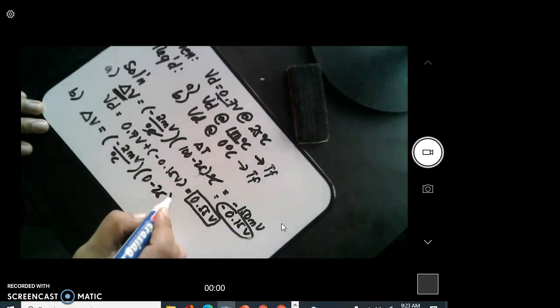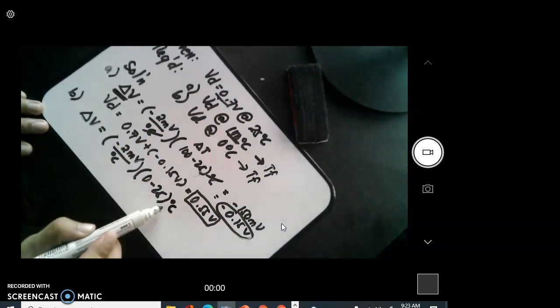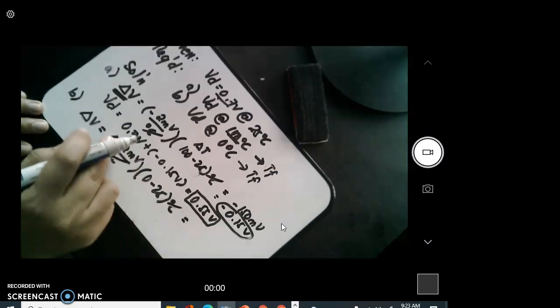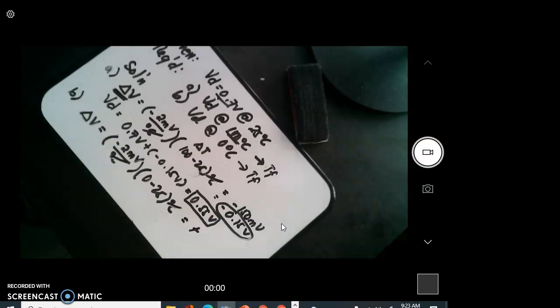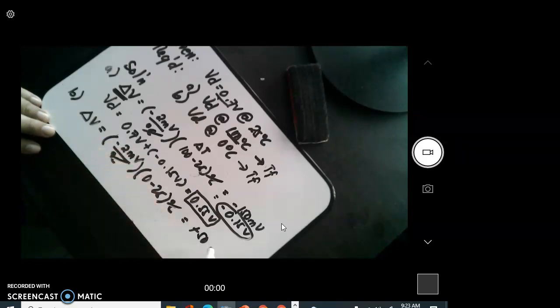So, both these quantities are expressed in degrees Celsius. So, we factor out the degrees Celsius. This will cancel out. So, negative times negative, that will give us a value of positive. Negative 2 millivolts times 25 will give us 50 millivolts, or this is simply equal to 0.050 volts.